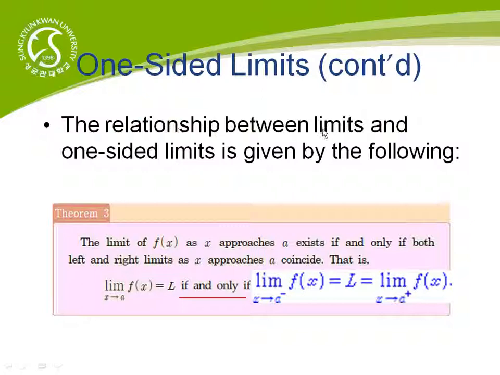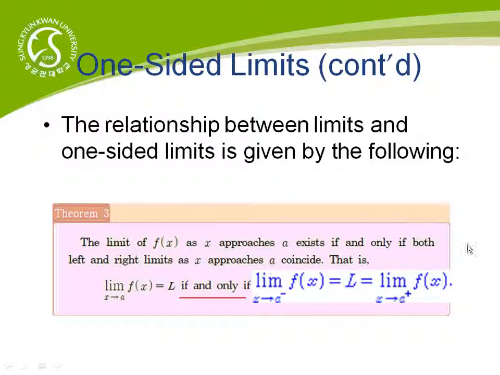The relationship between limit and one-sided limit is given by the following. When we say f of x has a limit as x approaches a, that means, if and only if, the left limit of f of x is L and the right limit of f of x is L as well.